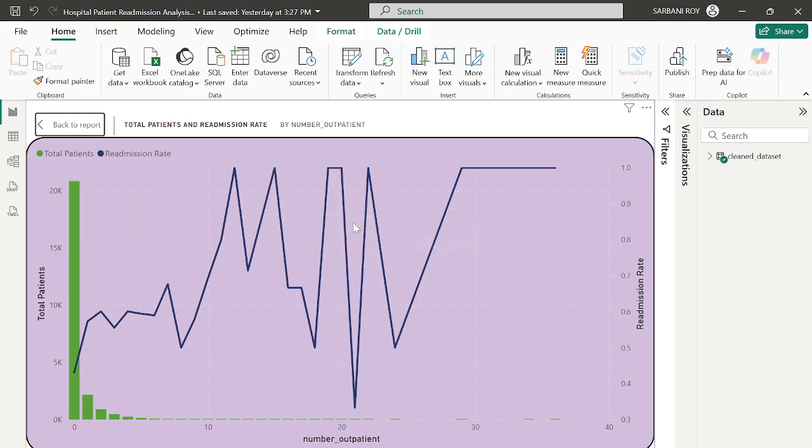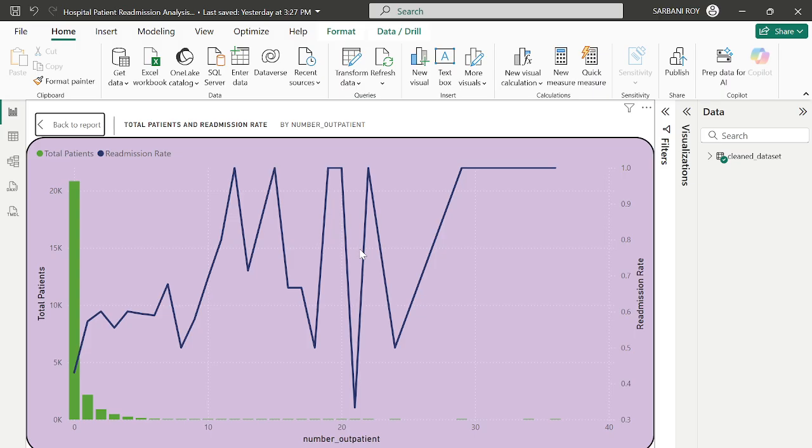The green bars are the total number of patients in each outpatient visit category, and the blue line is the readmission rate of each category. The green shows patient volume and blue highlights the risk trends.